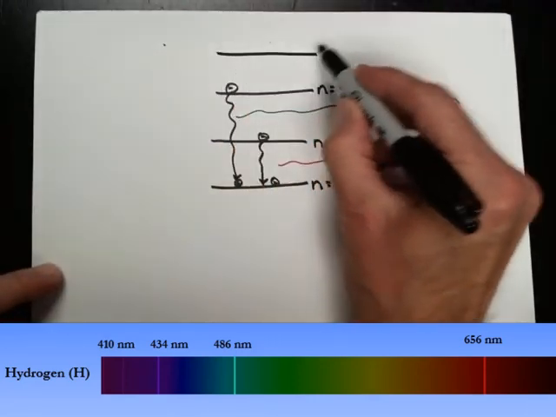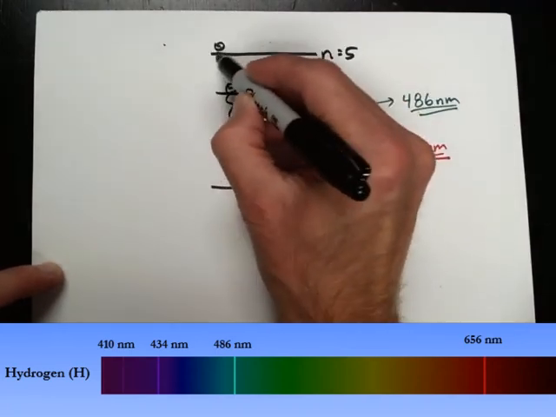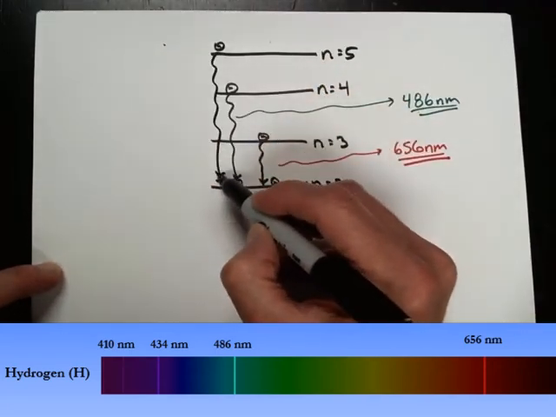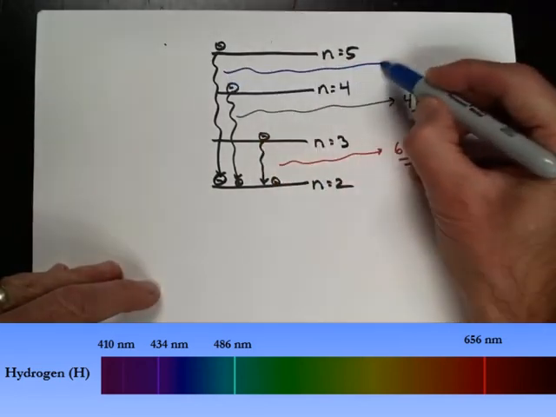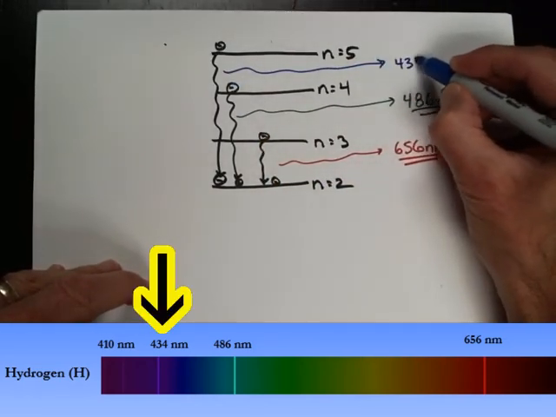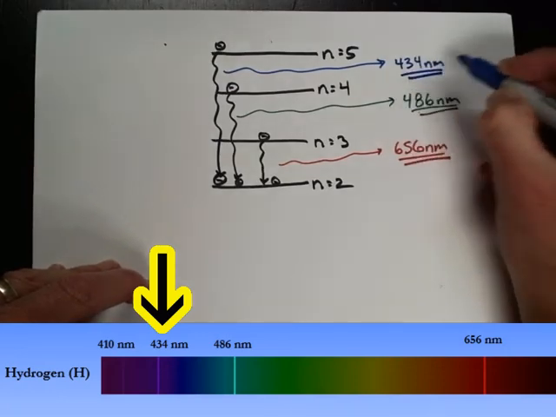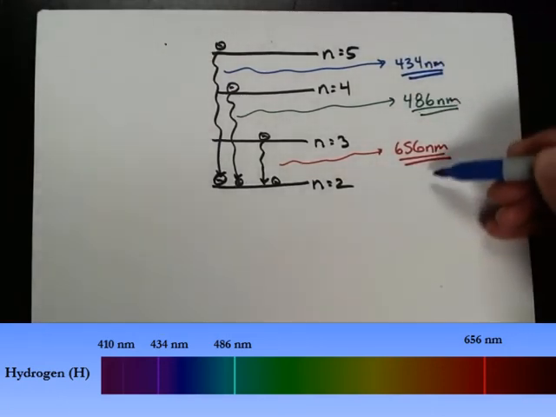And we can continue this process. If we have an electron in the n equal 5 level, and that electron drops to the n equal 2 level, it's going to give off a photon with a wavelength of 434 nanometers. And you should be able to do the calculations that show that these are indeed the case.